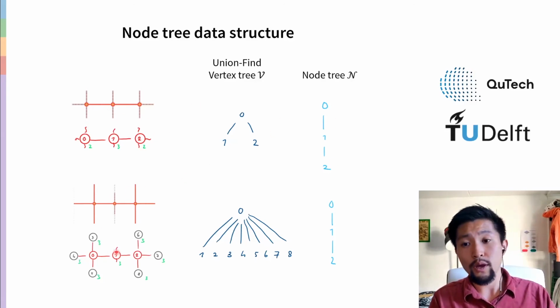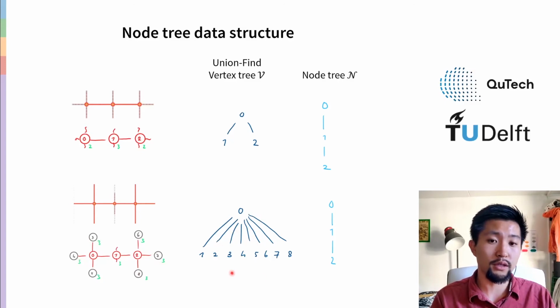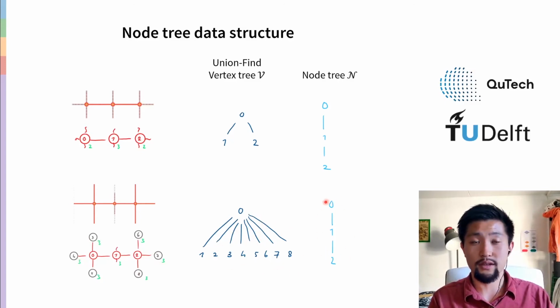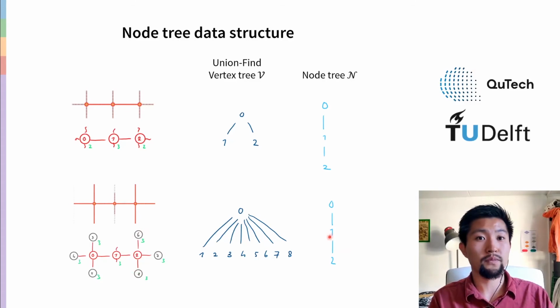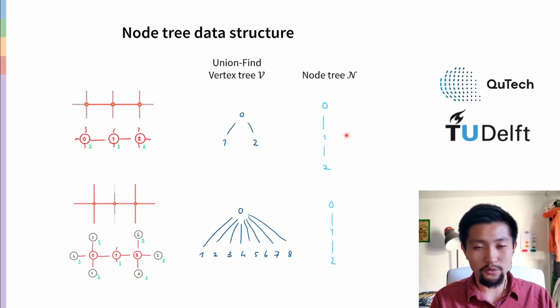But as they grow and we add a layer of non-syndrome vertices to the cluster, the unified vertex tree increases in size. However, the node tree stays the same, because these newly added vertices belong to the same node. And that is why it is called the node tree. The elements of the tree are not exactly vertices. They incorporate a larger amount of vertices in each node.